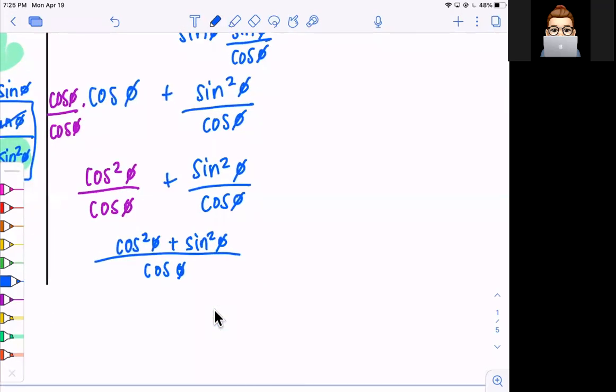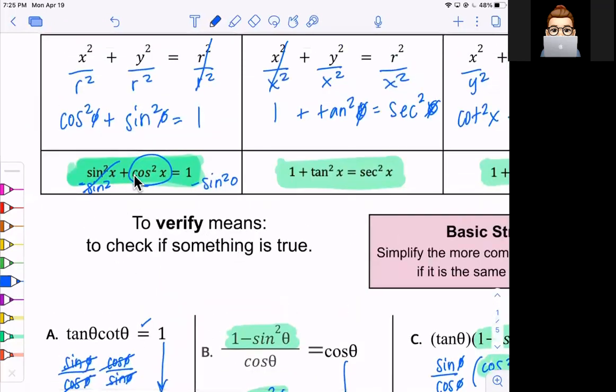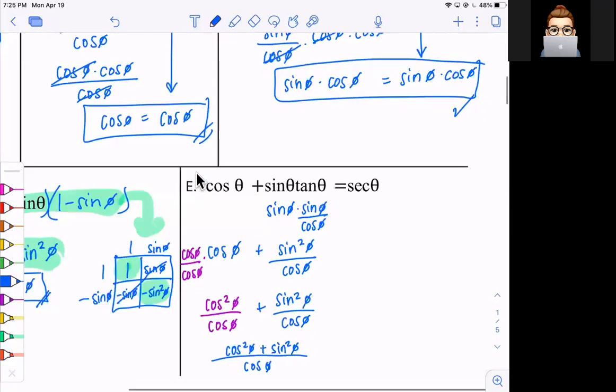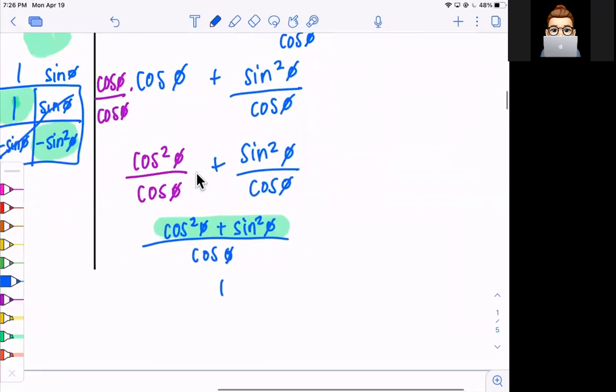And that's going to give me cosine squared plus sine squared. I remember that this one is sine squared plus cosine squared. They're just flipped, and that's okay. So I have sine squared plus cosine squared equals 1. So all of this can just be replaced with the number 1.